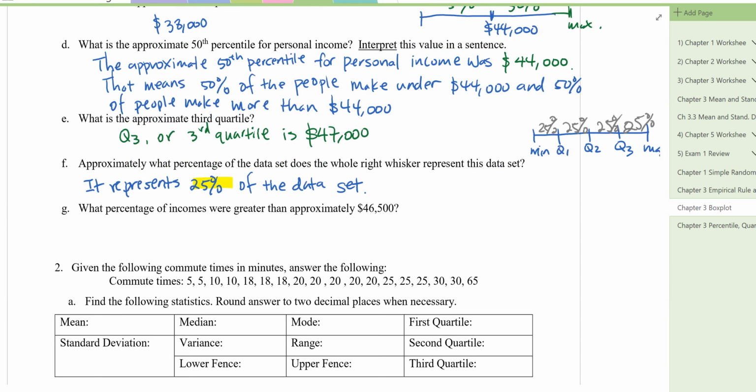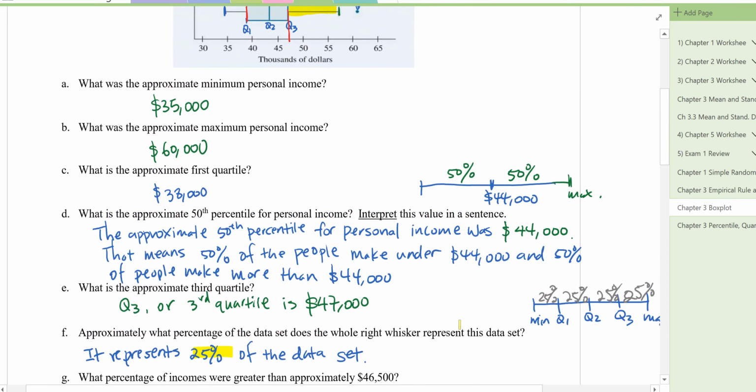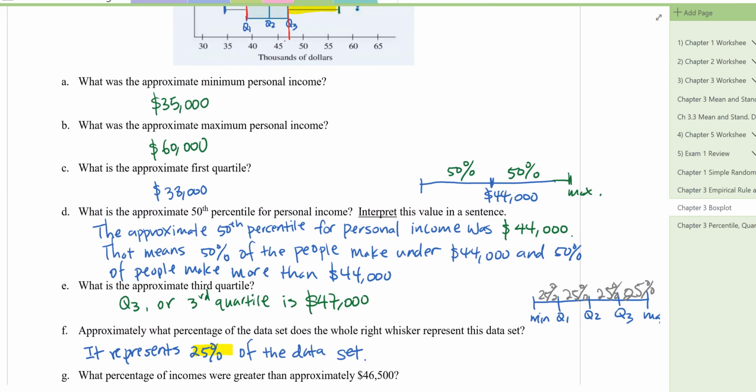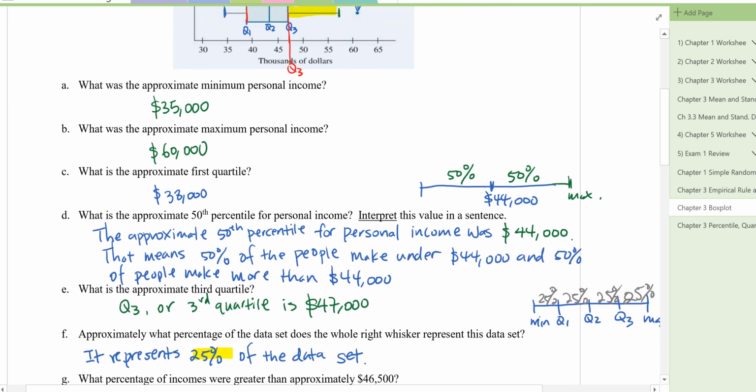Part G: what percentage of incomes were greater than approximately 46,500? Let's look at 46,500 on my graph. I think that's approximately Q3, right? So the question asks for the percentage greater than that, and that would be 25%.